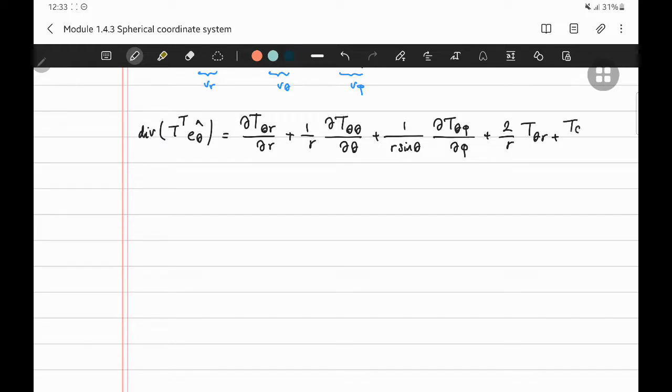Oh, sorry, T_theta theta cotangent theta divided by R.